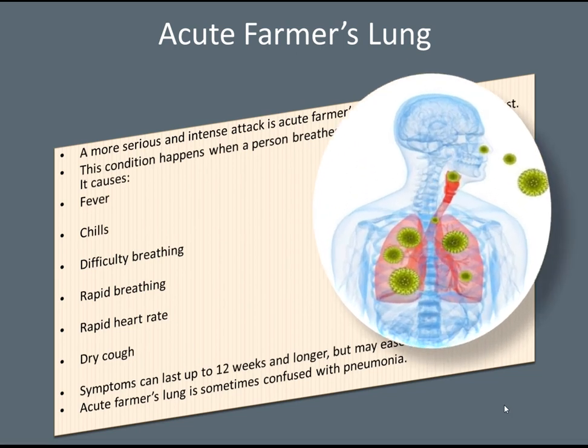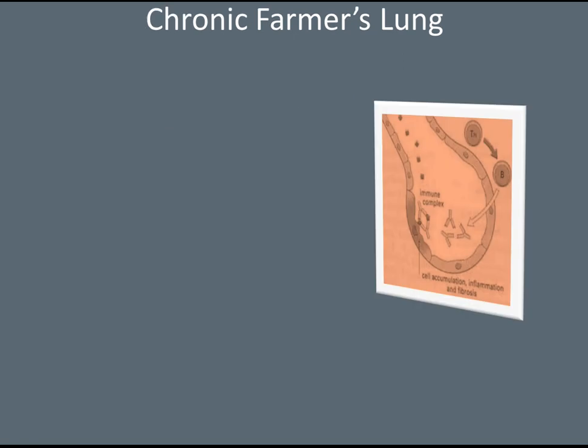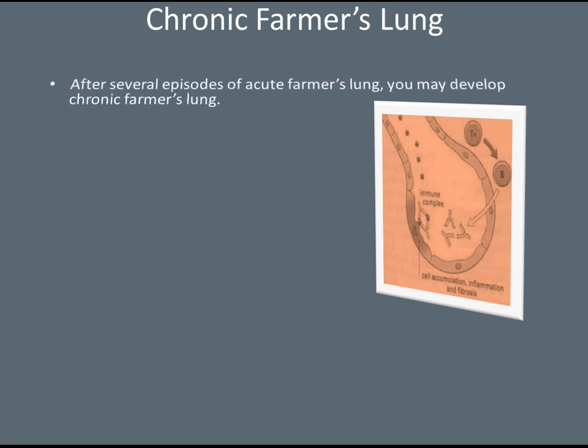Okay, so with that, we now move to the other type of farmer's lung, that is known as chronic farmer's lung. We'll be coming to the diagram once we read the descriptions. First thing out here, it is given that after several episodes of acute farmer's lung, you may develop a chronic farmer's lung.